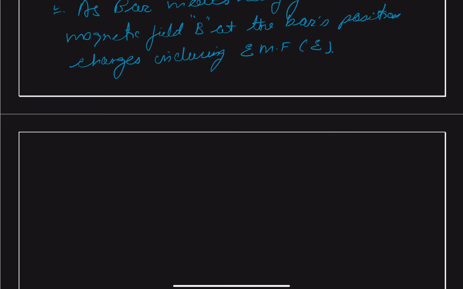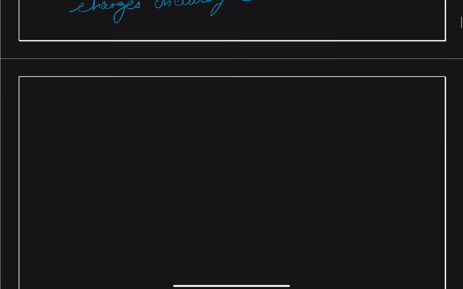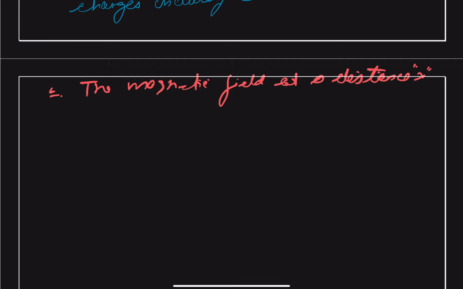And at one particular time it is given that the bar is at a distance x from the wire. Therefore we can write the magnetic field at a distance x from the wire.